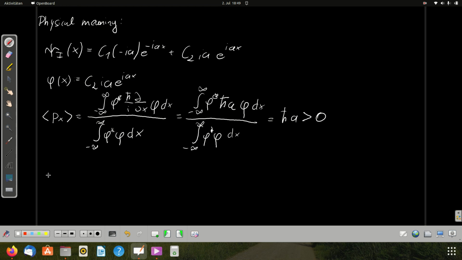So therefore it follows that big phi of x describes a wave traveling in plus x direction.